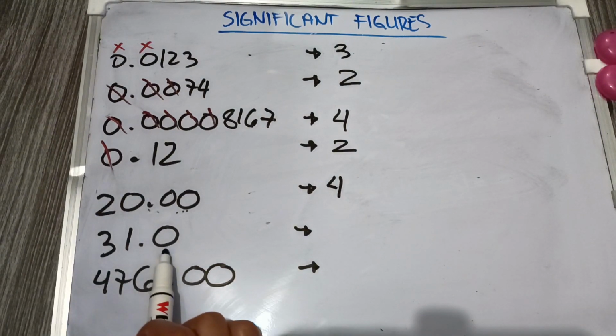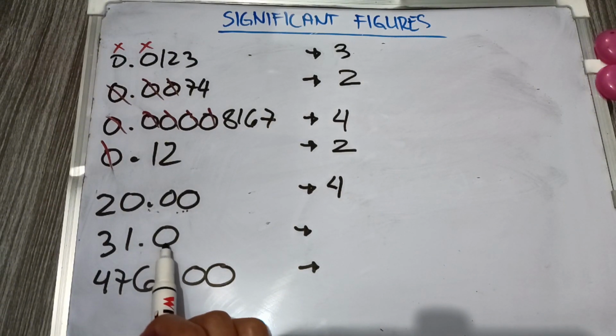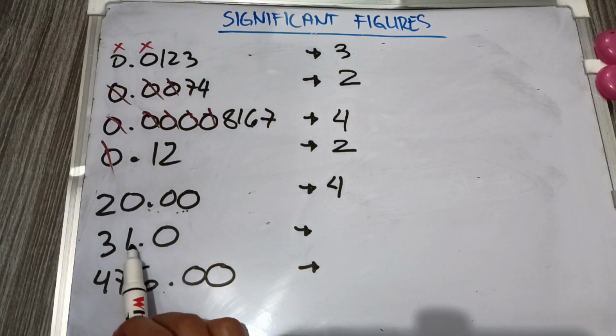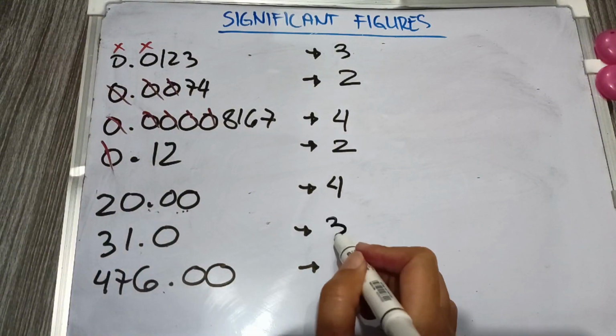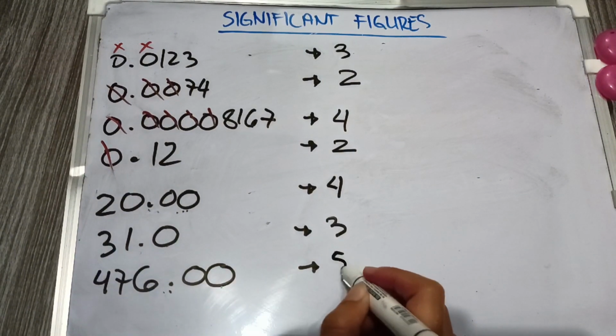This is a trailing zero, but we have a decimal, so we can count this as a significant figure. So we have 1, 2, 3. These are the last zeros, but there is a decimal, so we can count this as significant as well. 1, 2, 3, 4, 5. We have 5.